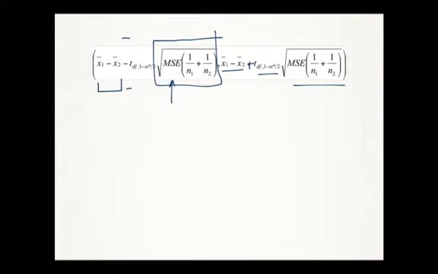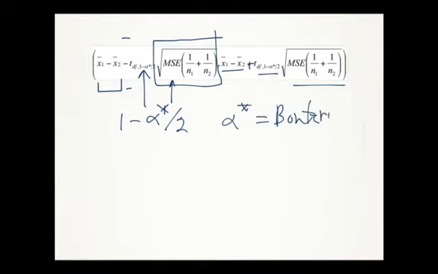The thing you'll notice here is instead of our standard 1 minus alpha over 2, we now have 1 minus alpha star divided by 2, where alpha star is the Bonferroni corrected level.